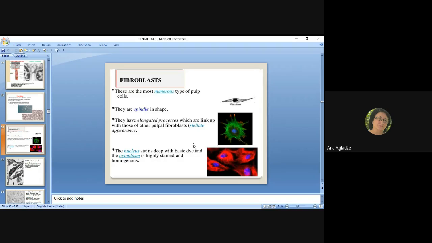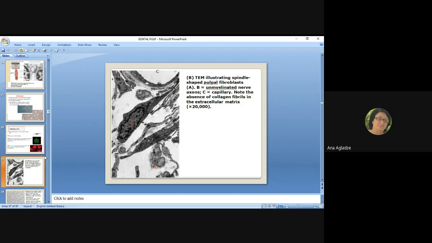And as elsewhere in the body, the fibroblasts produce collagen, from which the fiber network of the pulp is built up. This provides a basic scaffold that is stable but also elastic, because of this special network of fibers, which supports all the other cellular tissue of the dental pulp.